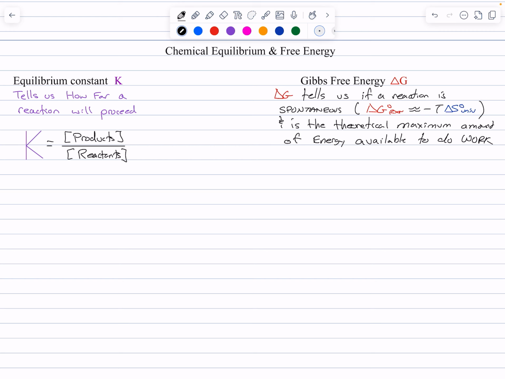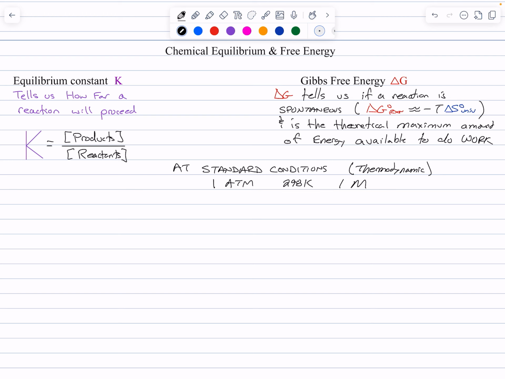Now, this is at standard conditions. What are our standard conditions? Thermodynamically, it's 1 atmosphere of pressure, 298 Kelvin, 1 molar for solutions.